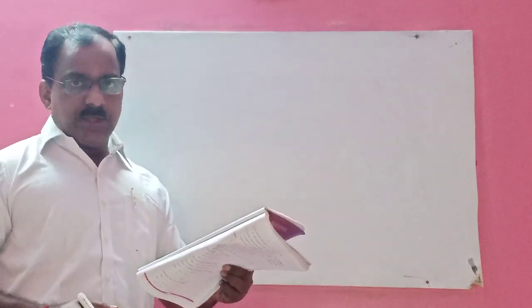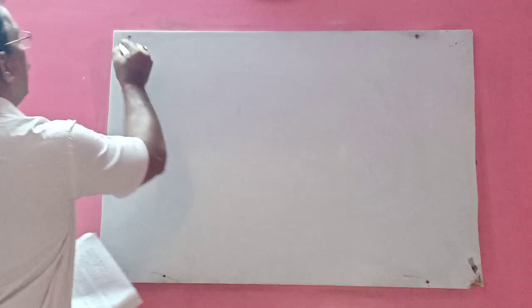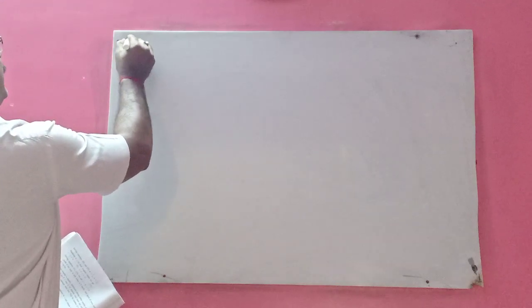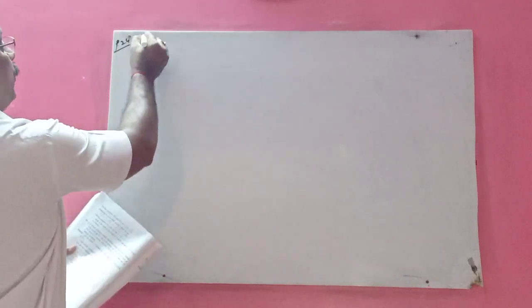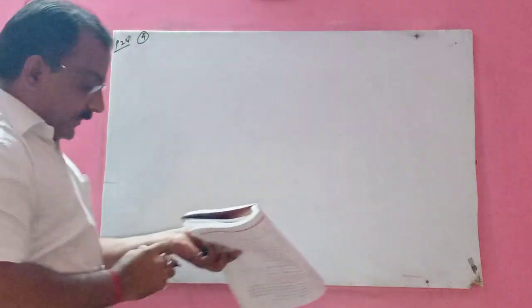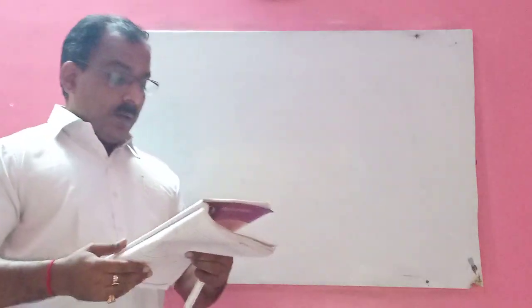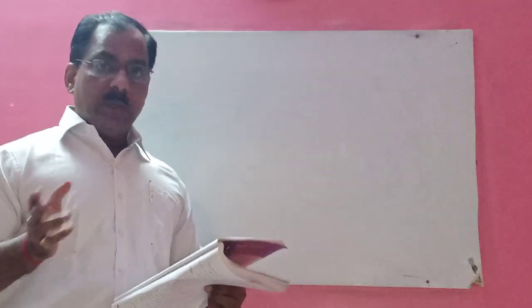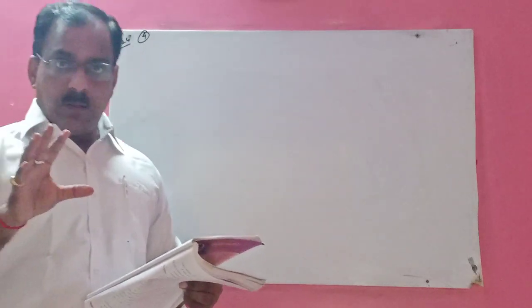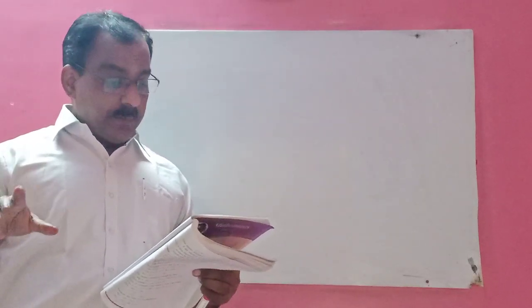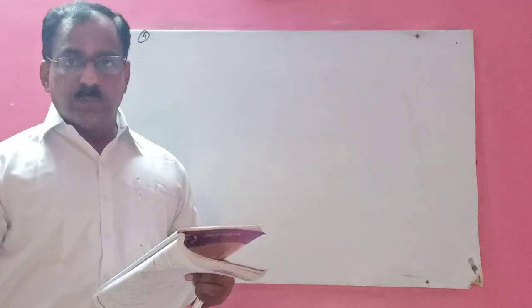Children, next question is page number 24, example number 4. See what is given in this. A certain amount is equally distributed among a certain number of students.